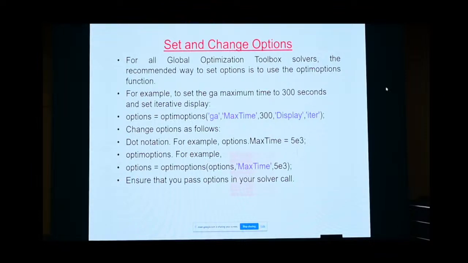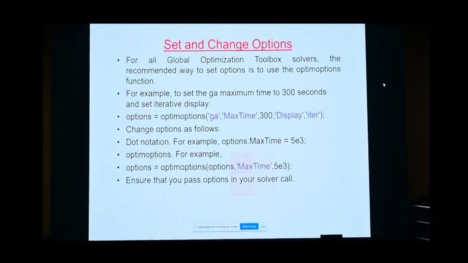Initially you define the option, there is a command optimoptions GA, the maximum time 300, and you display equation. And similarly, the maximum time any value you can set, depending on your requirement.